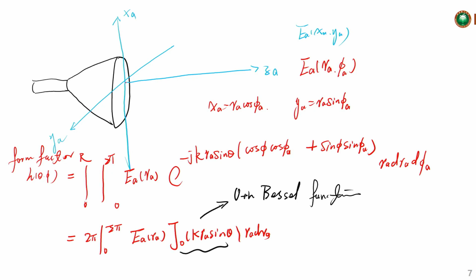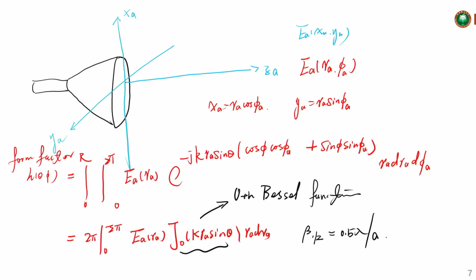Based on those equations, we can also get its half power beam width, when the normalized radiation pattern reaches the half power point. It is equal to roughly pi times lambda over A. Sorry, A is the radius here.